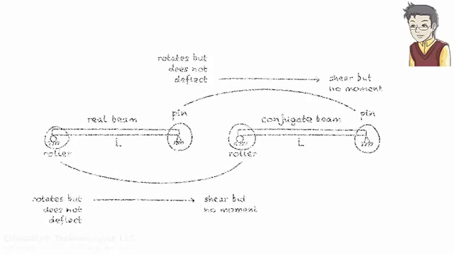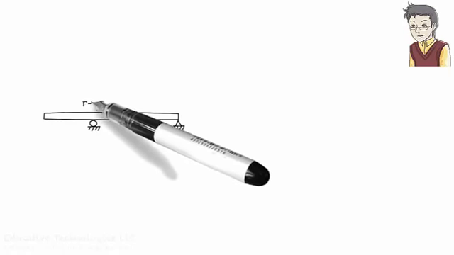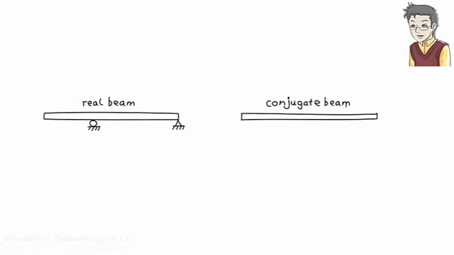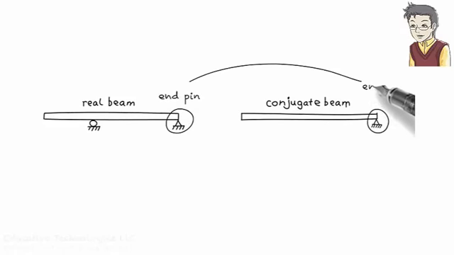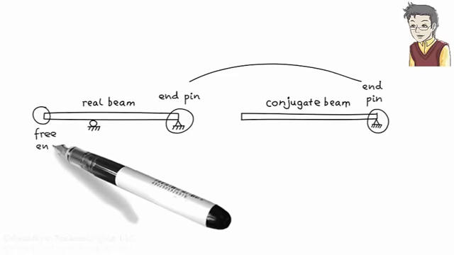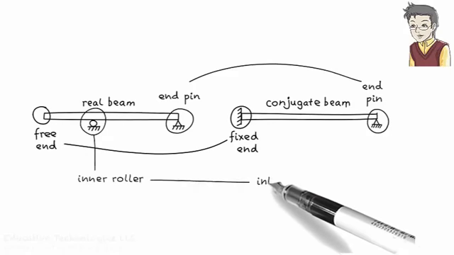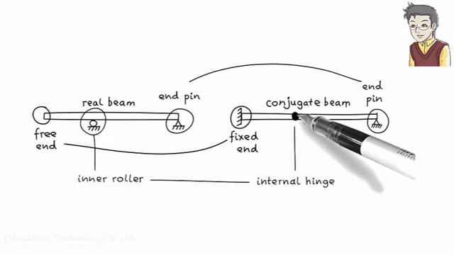A pin or roller support placed at that end of the conjugate beam indeed produces a non-zero shear and a zero moment. If we're dealing with an interior support, if the roller or the pin is placed away from the beam's ends, then the conjugate beam is going to have an internal hinge at that point.